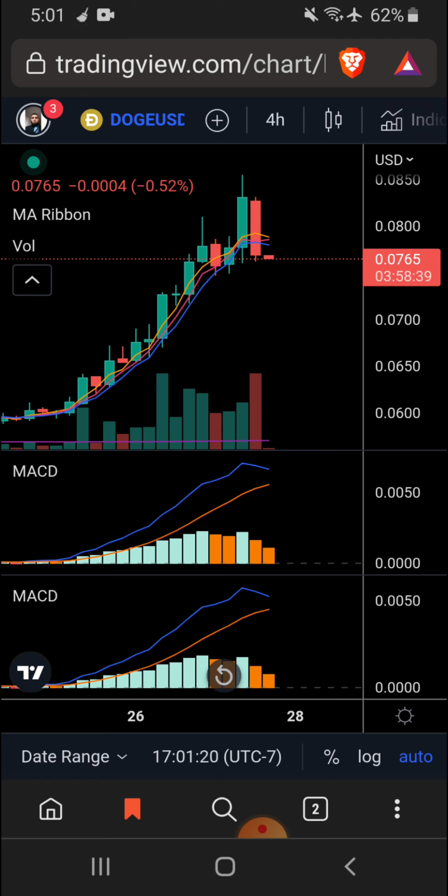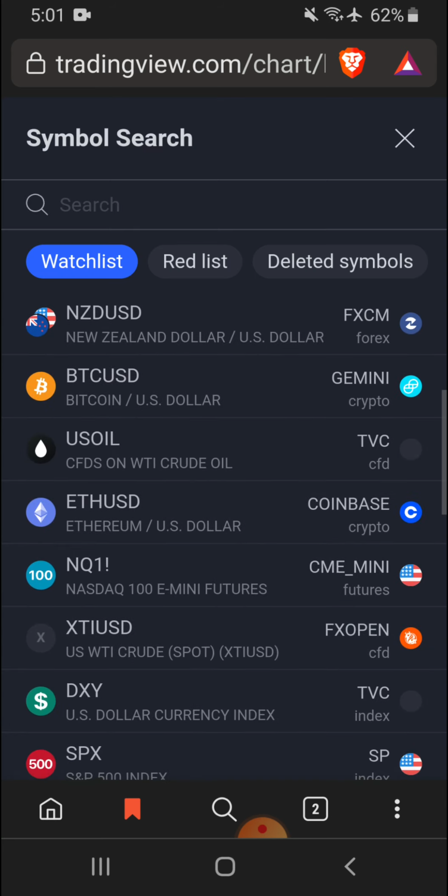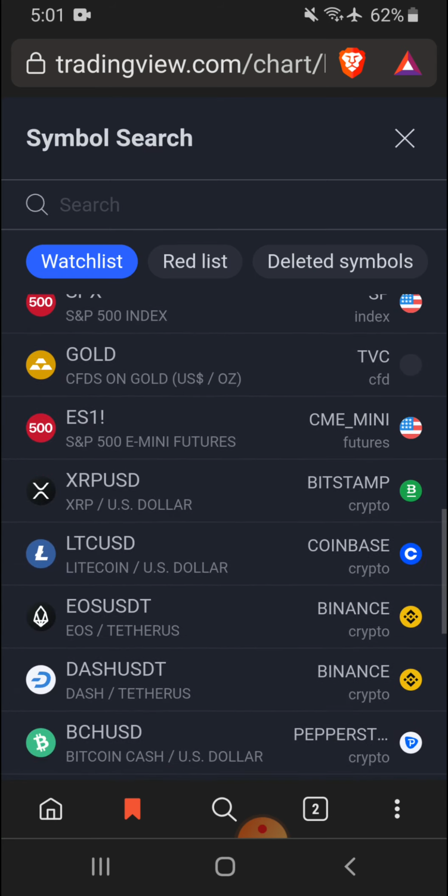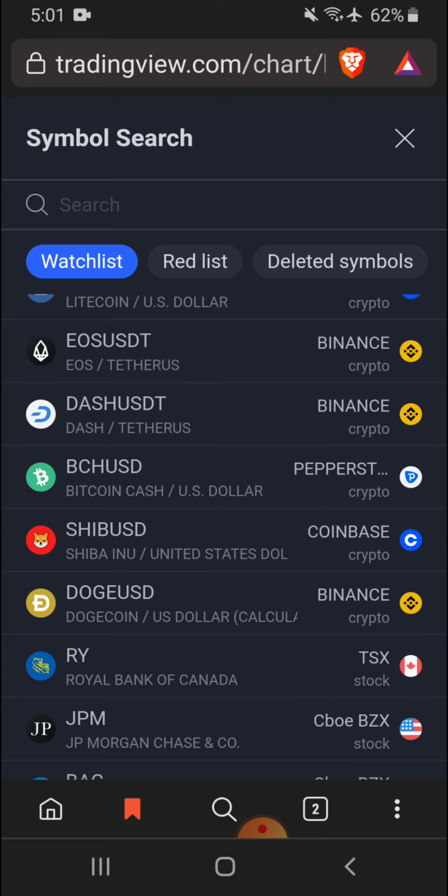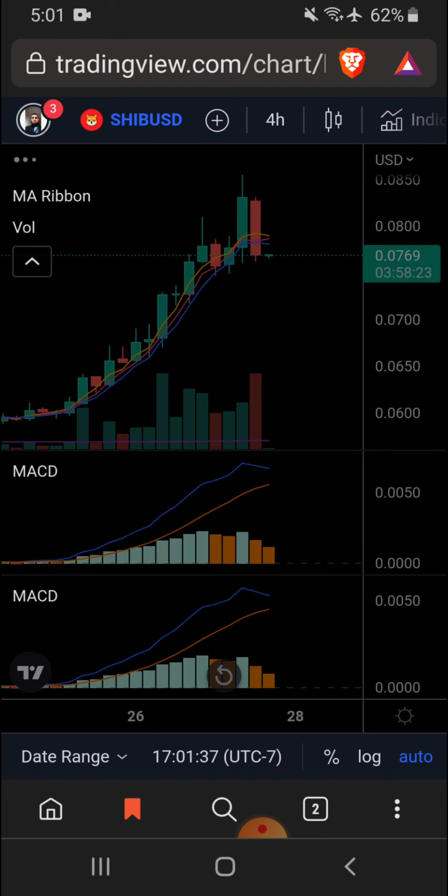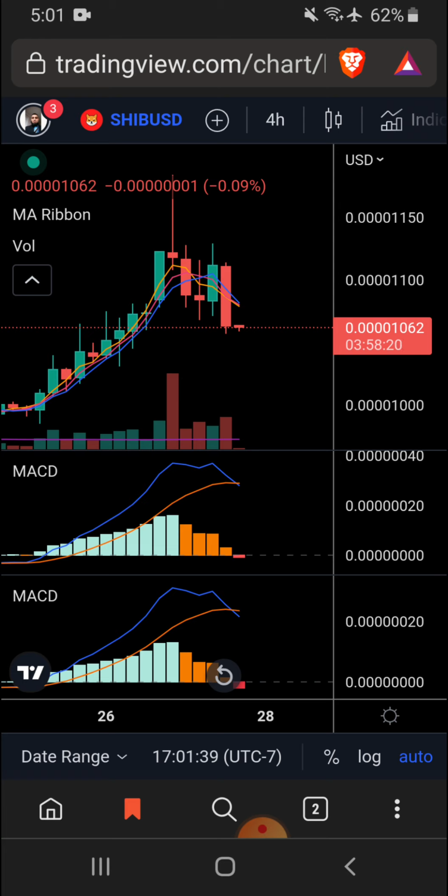Looks like the profit taking phase is going to be starting soon. So once again, no bullish signals right now, unfortunately. You may be able to catch something on the lower time frames. Looks like we could see some more bearish movement going into tomorrow for crypto.